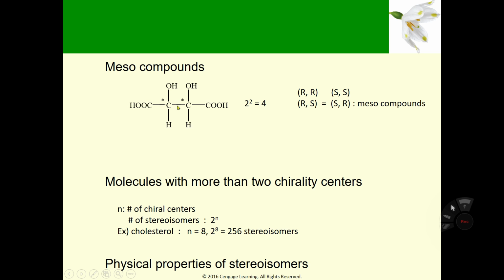But you have an intramolecular symmetry plane, so RS will be the same as SR, and they don't show optical activity even though they have chiral centers, and we call this a meso compound. They are the same compound. So this tartaric acid has three isomers: one pair of enantiomers and a meso compound. Okay.